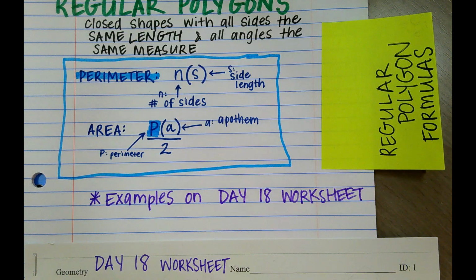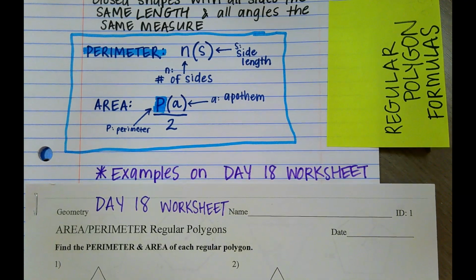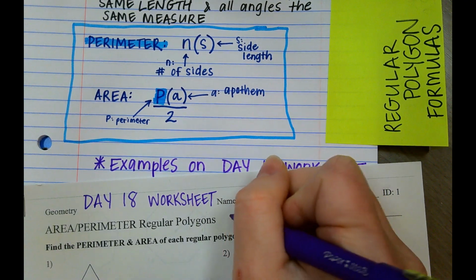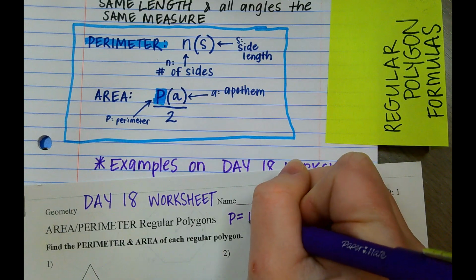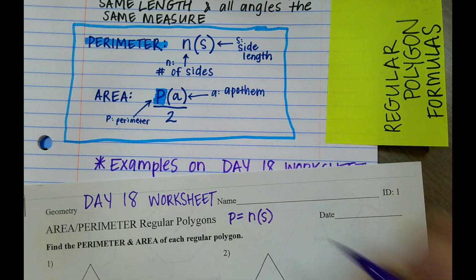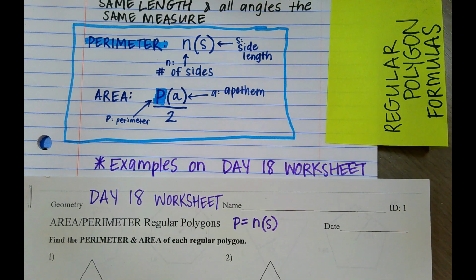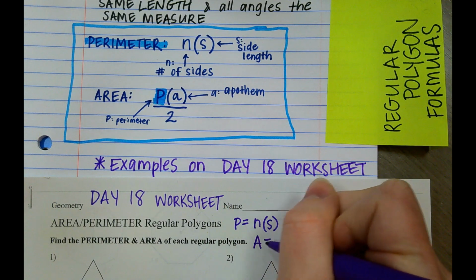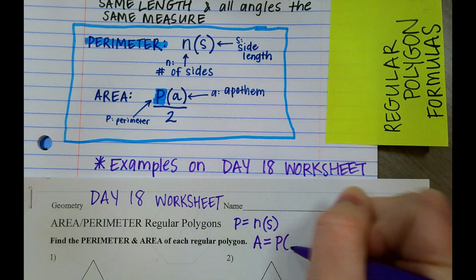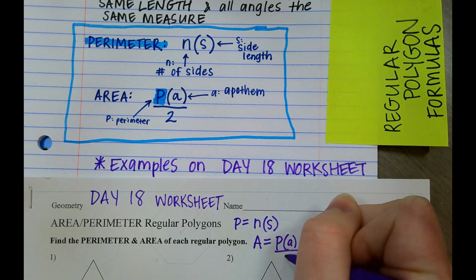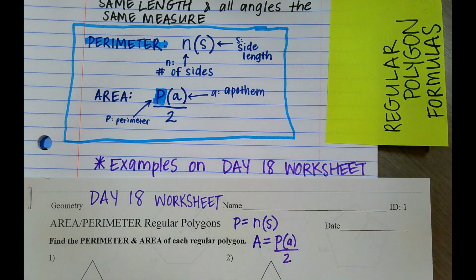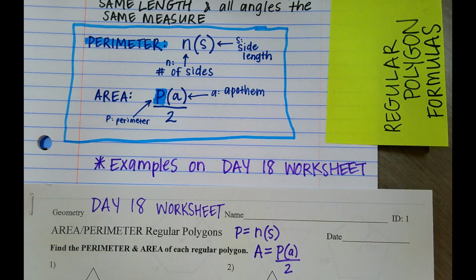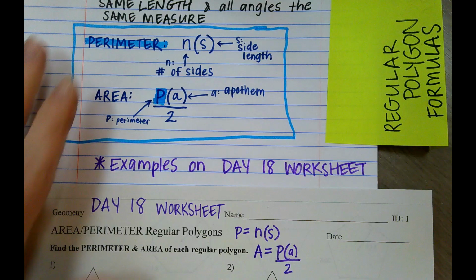Okay, and then I'm just gonna rewrite those formulas on this paper as well. P equals N times S. And A equals P times little a divided by 2. Are you ready for me to move this and go to the worksheet?